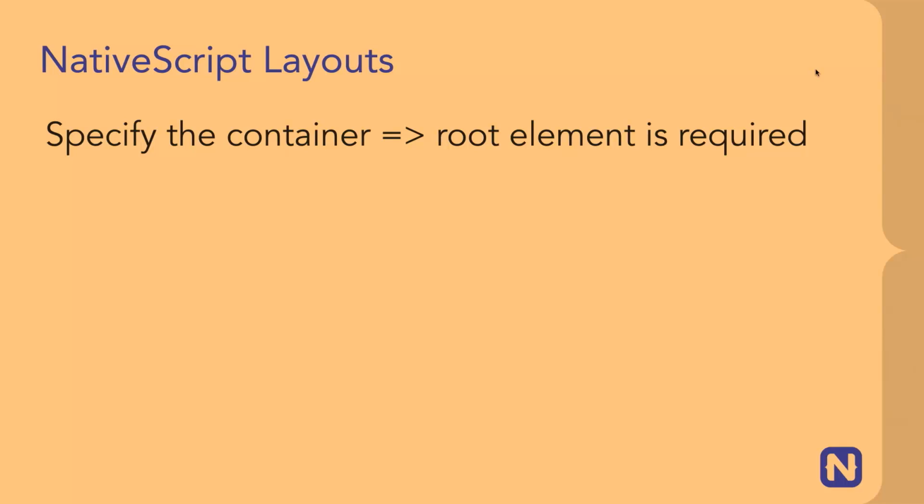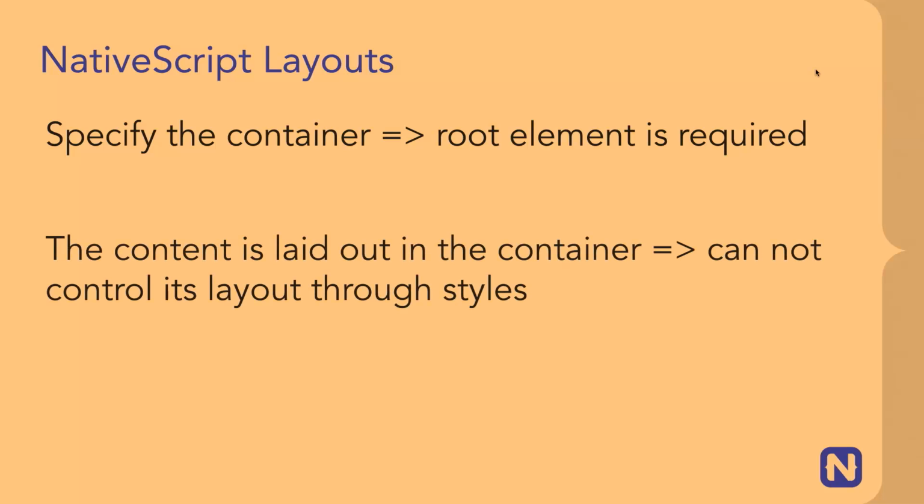We don't have a container by default, so we need to specify it. We need to put in our markup or in our code behind a root element, a so-called container or layout container, that we are going to put children inside. Okay? So the content that we put inside is going to be laid out based on the container we use.